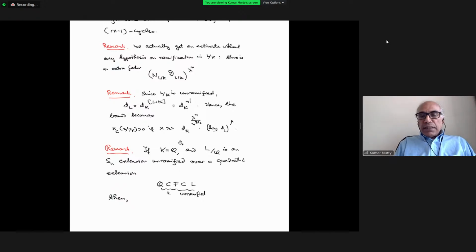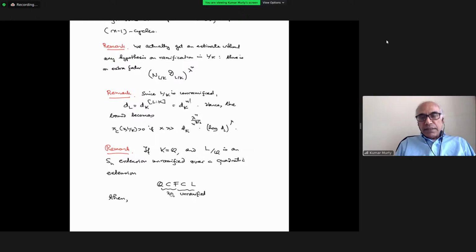We can generalize this a little bit more. If the ground field is Q, then of course there are no unramified extensions of Q, much less an unramified Sn extension. But suppose you had an Sn extension of Q, which certainly exist, which is unramified over a quadratic extension of Q. In other words, here is Q, over L, this one is Sn, and there is some quadratic field F such that this part is unramified.